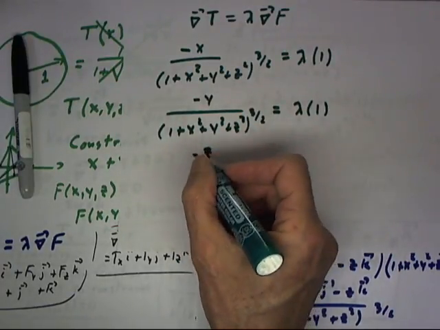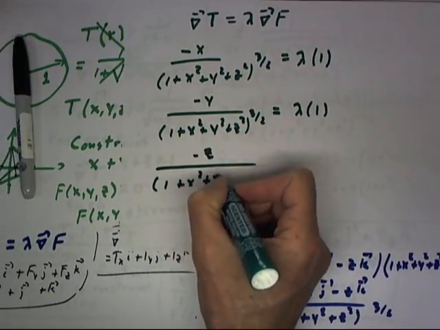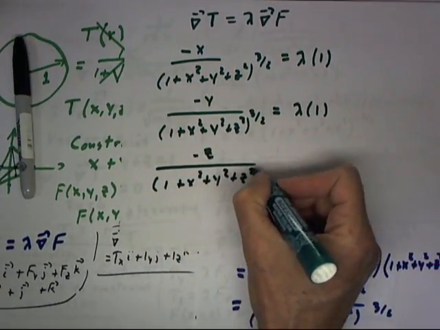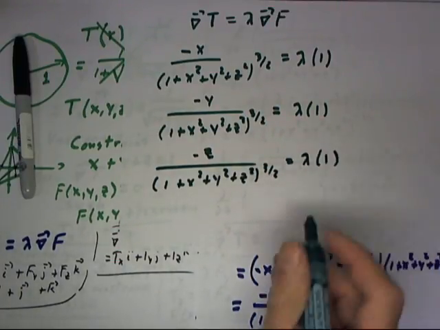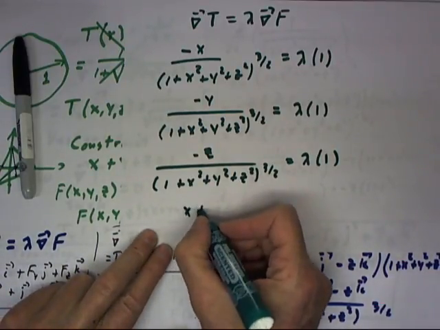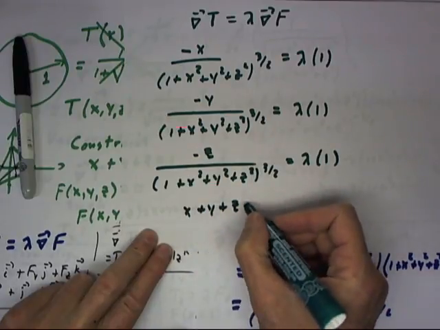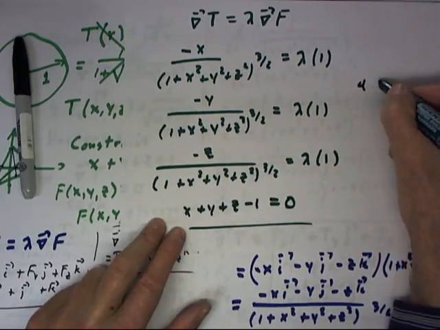Also negative z over 1 plus x squared plus y squared plus z squared to the 3/2 again equals lambda times 1. Our final equation is just f of x, y, z equals 0, which is x plus y plus z minus 1 equals 0.